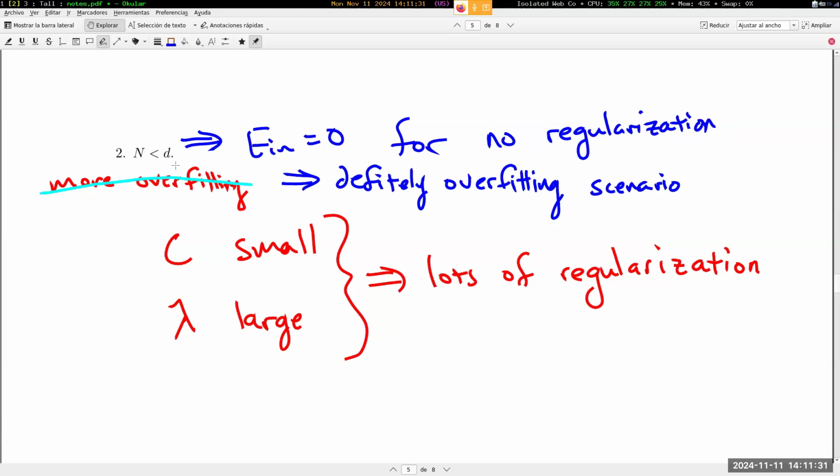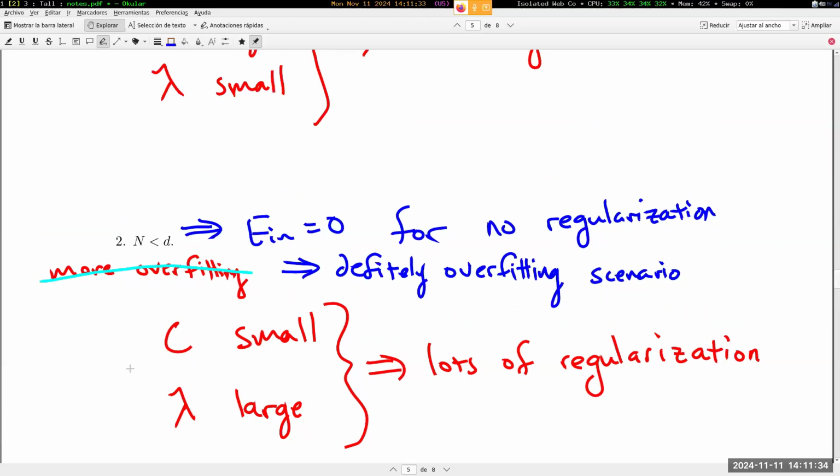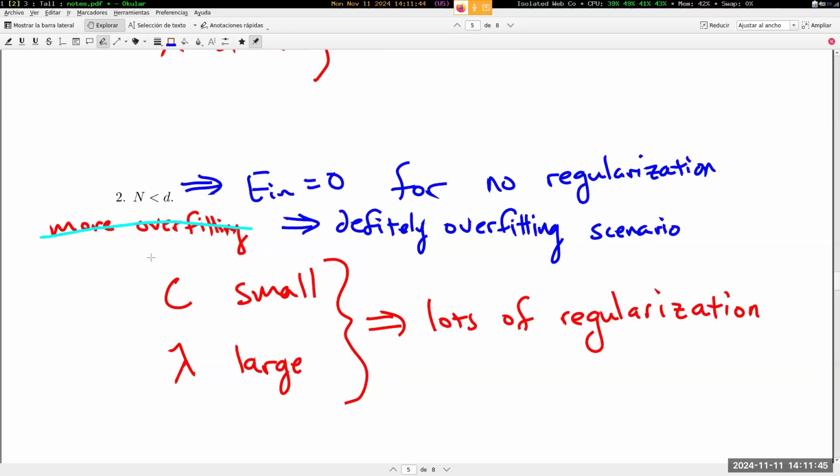So I guess the important part here is that this part two, it's because we have fewer data points down here in part two. That's what's causing our C and our lambda needing to be how they are.